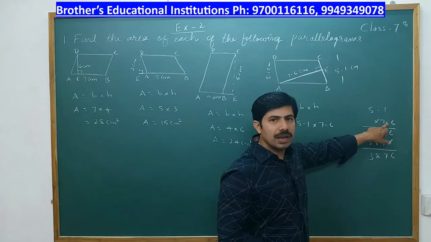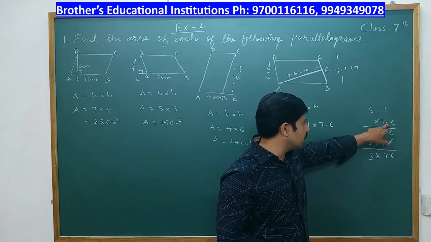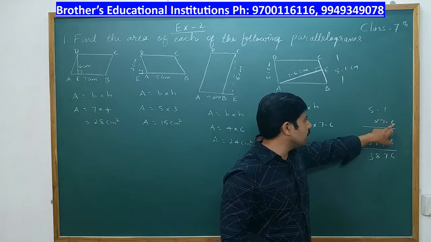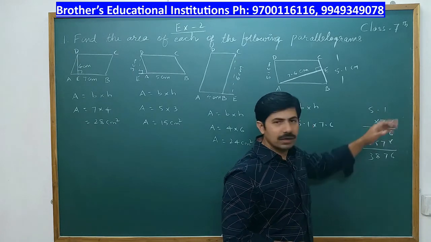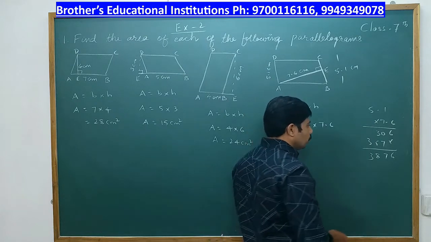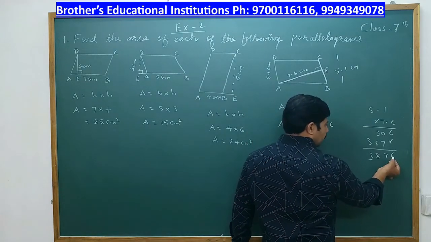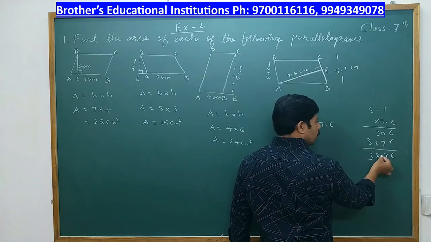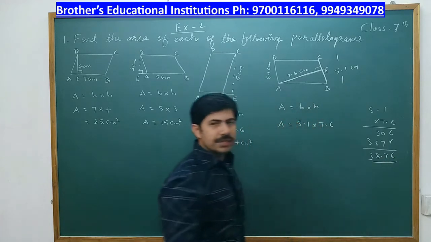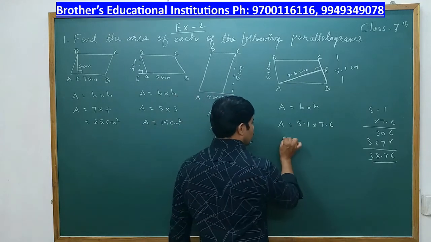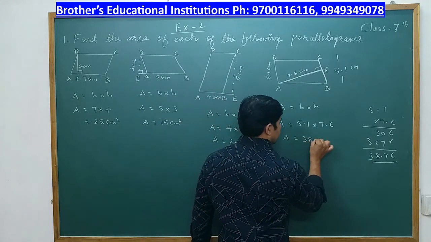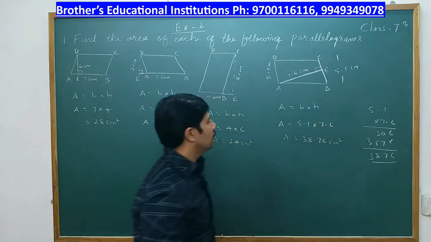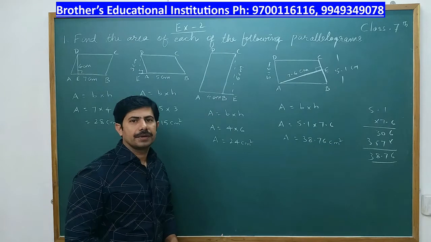We have a decimal in 7.6 here, and here also we have a decimal. So between these two decimals we have 2 digits, that means 6 and 1, 2 digits. So you put the decimal before these two digits. So what is the answer? It is 38.76. So the area in this case is 38.76 centimeter square. Okay, so this problem is completed.